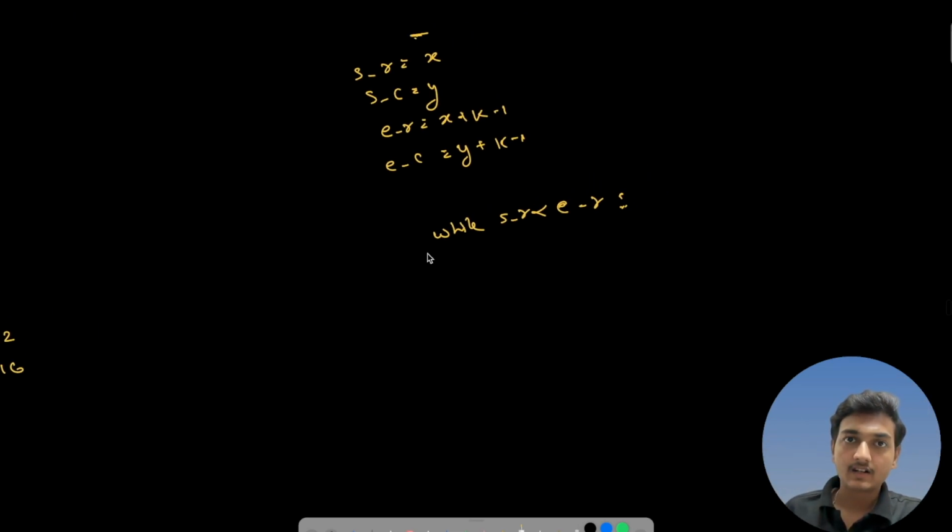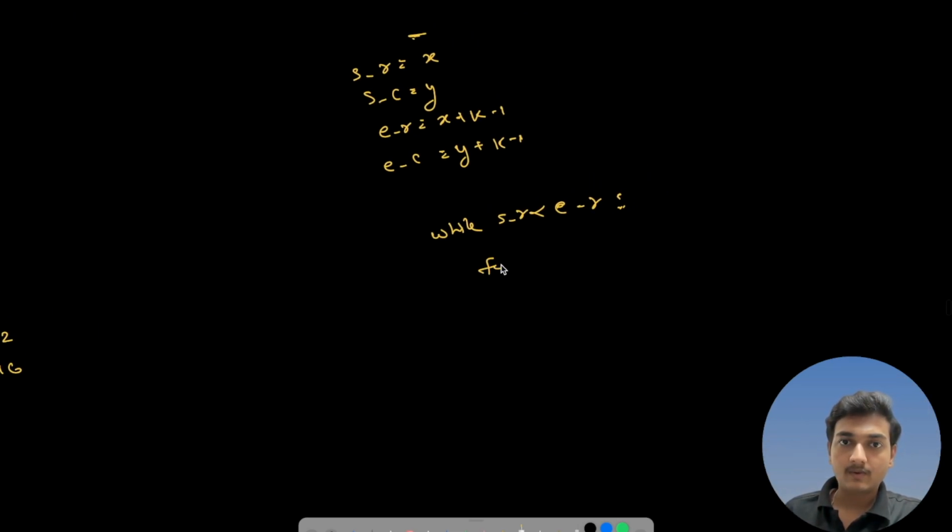So for col in range, and my range would be start column to end column. Let me write this: for col equal to start column to end column. And what I need to do in this part is just swap.